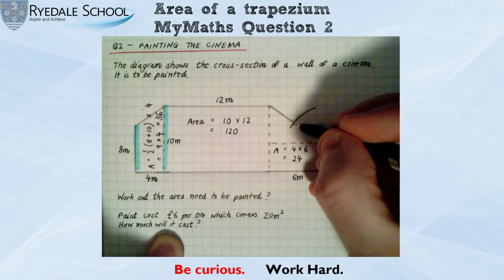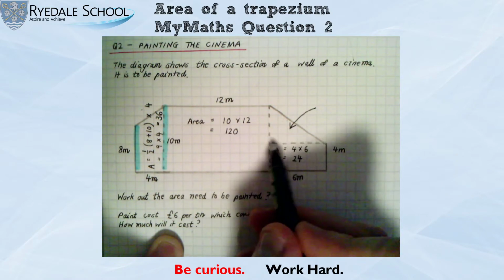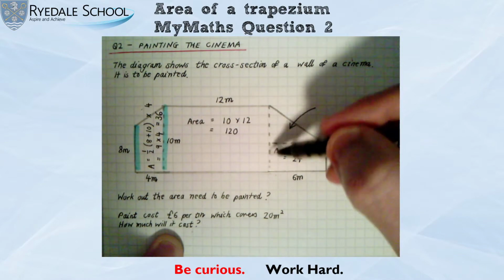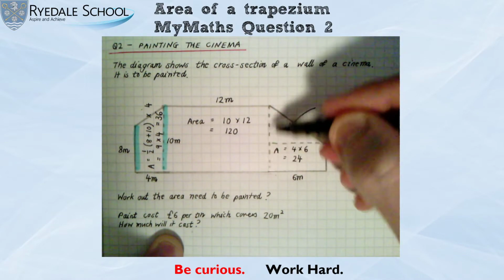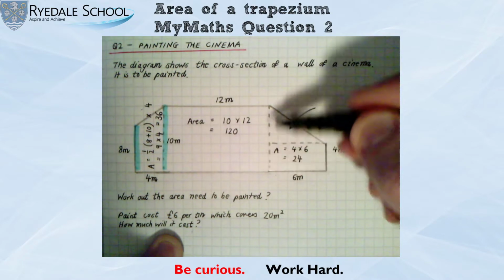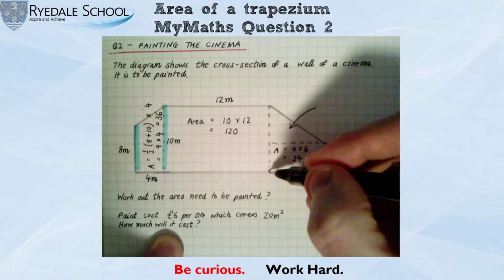And this triangle, well, it still has a base of 6. This is a little bit more complicated, and my diagram's clearly not drawn to scale. All of this side is 10, same as that. This is 4, so this must be 4.